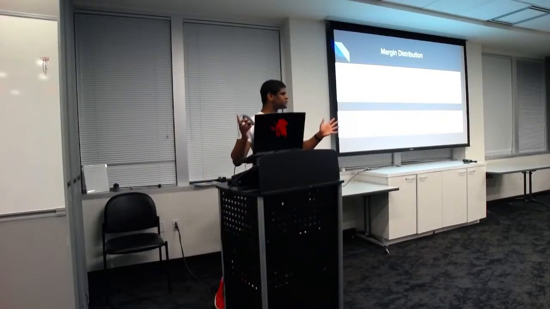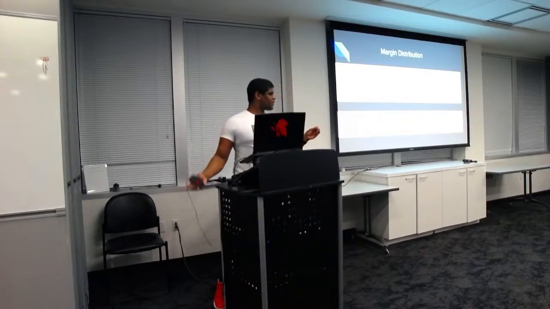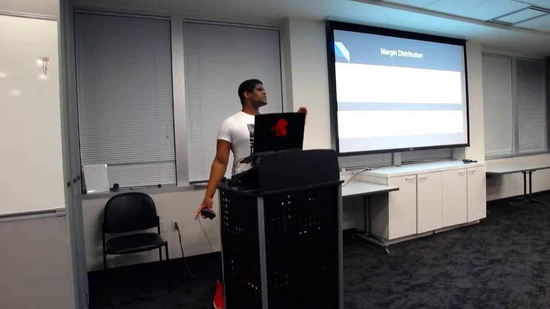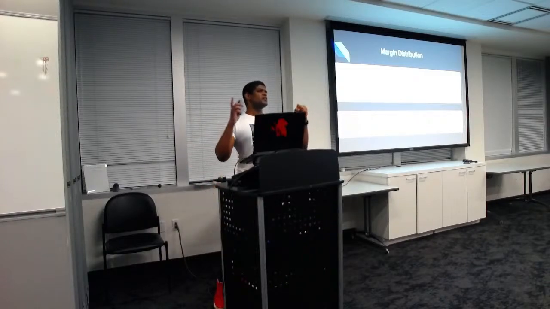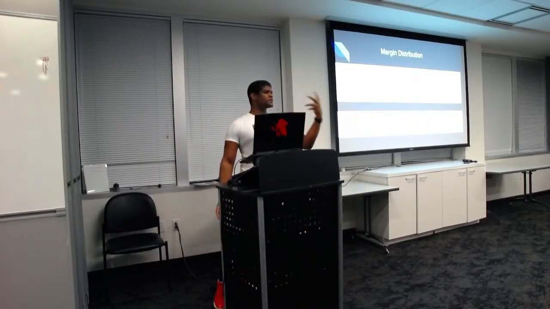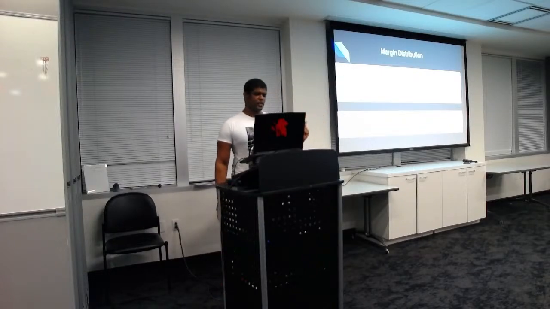So what they did was they created a function that minimizes the distance to the decision boundary, and they attempted to approximate it, right?